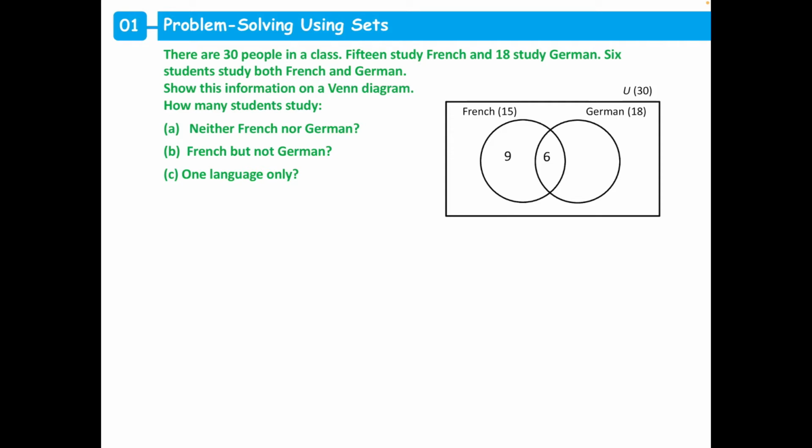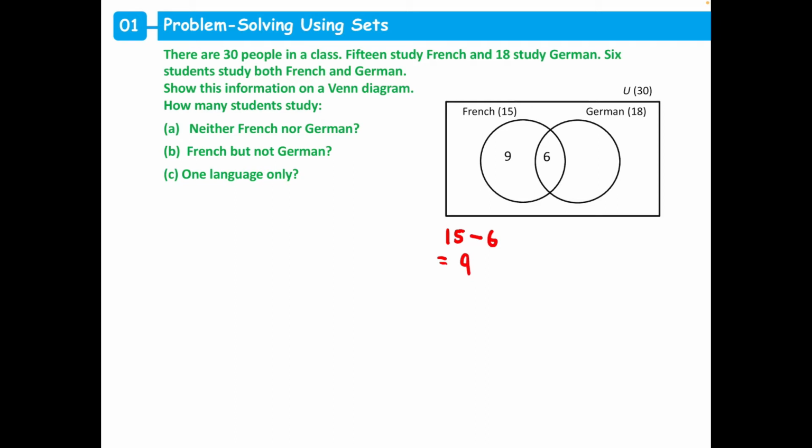Then we need to find the number of students who only study French. If 6 students study both, and we have 15 students in total, to find the number of students who only study French, we have a total of 15 students minus our intersection, which gives us 9.